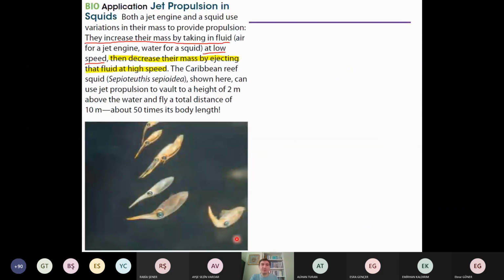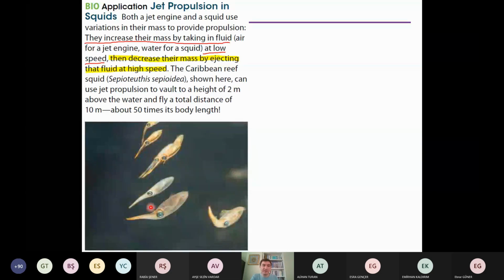Then let me finish with this bio application: jet propulsion in squids. Squid in Turkish is mürekkep balığı. Both a jet engine and the squid use variations in their mass to provide propulsion. So they change their masses. They increase their mass by taking in fluid at low speed. A jet engine takes air into the engine, and then its mass increases.